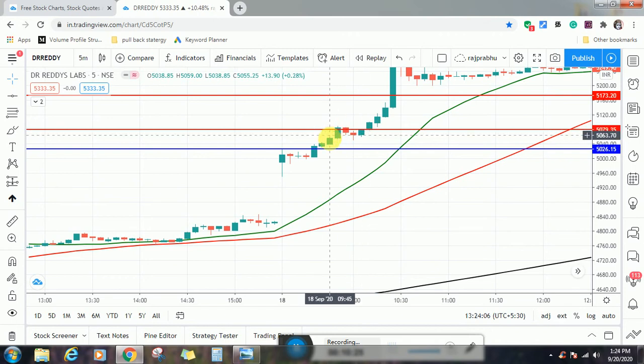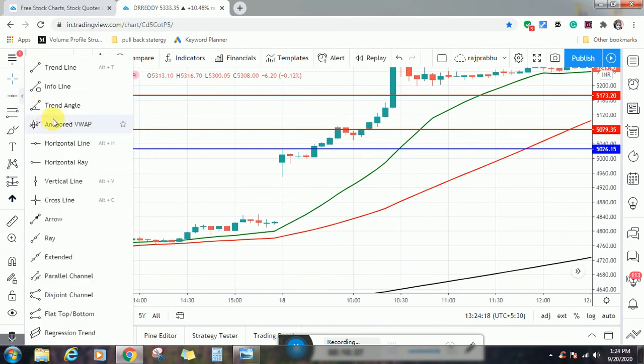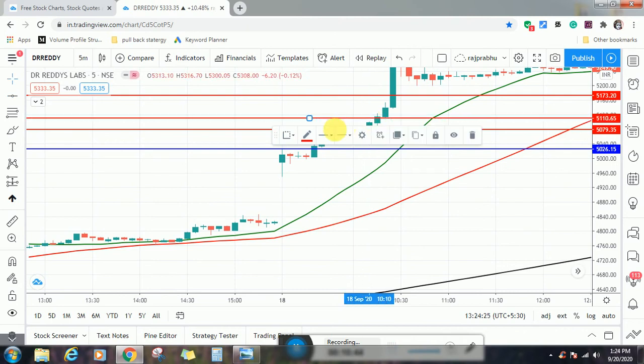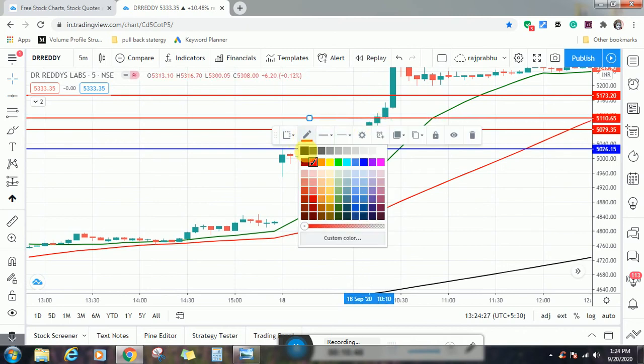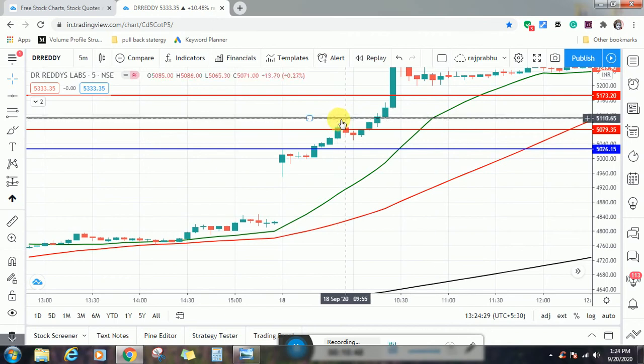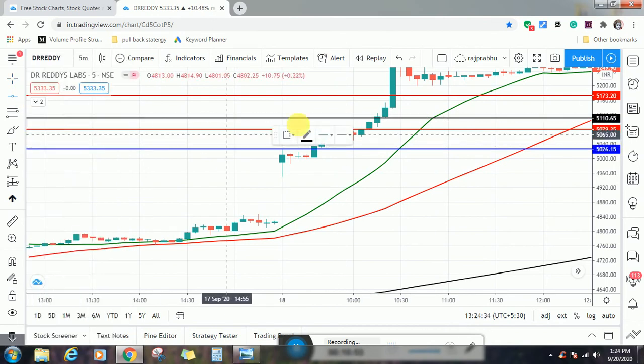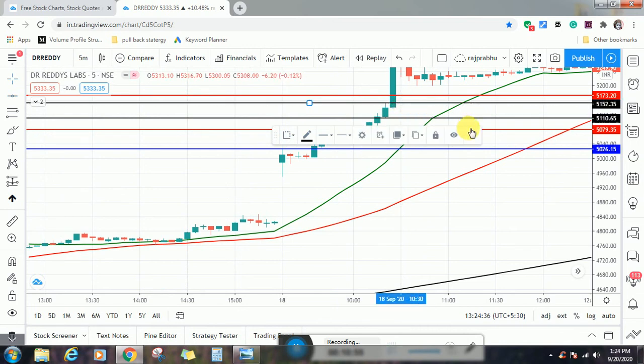So we can first plot a Fibonacci at this level, plot Fibonacci and mark the 25% level. 25% is the first target, and mark 50% as the second target.